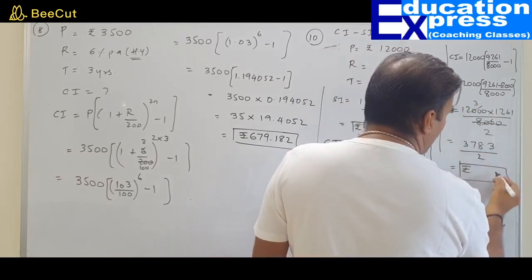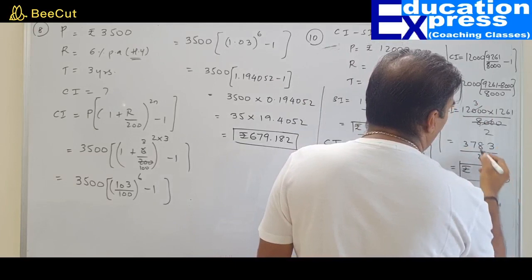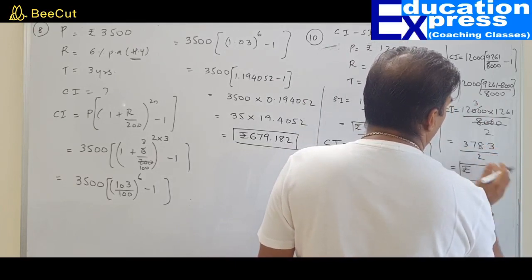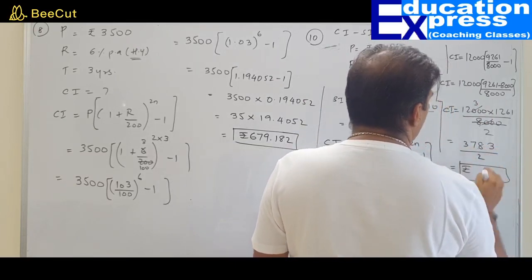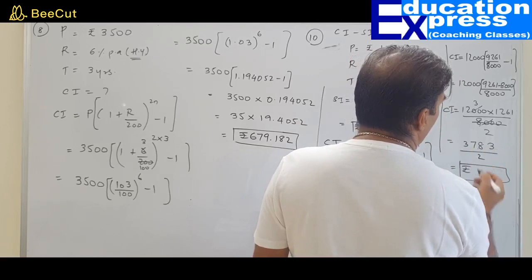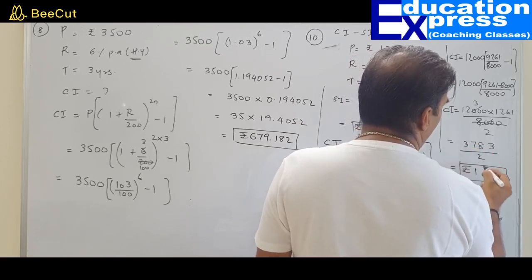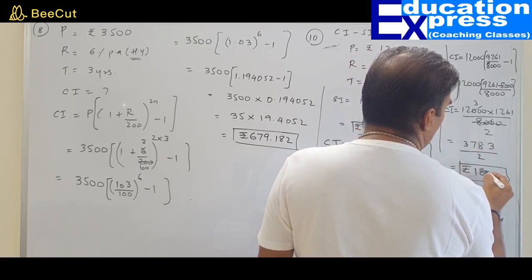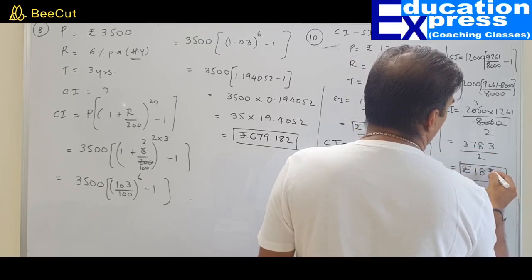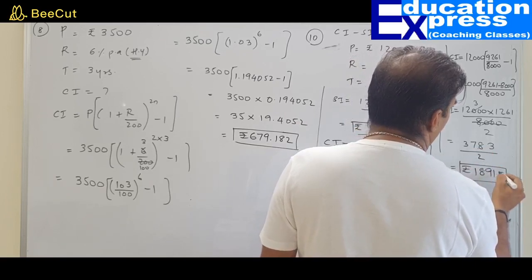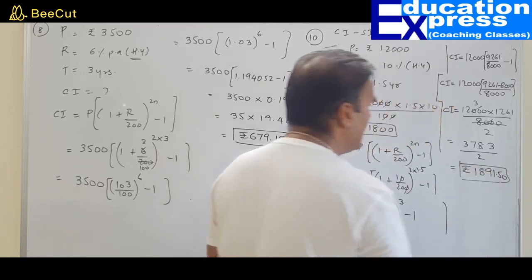So what do you get? 3 times 7 will become 1, so 1891.50.